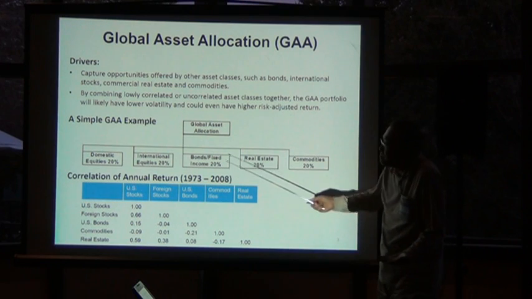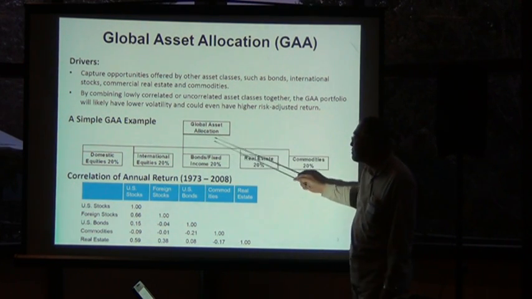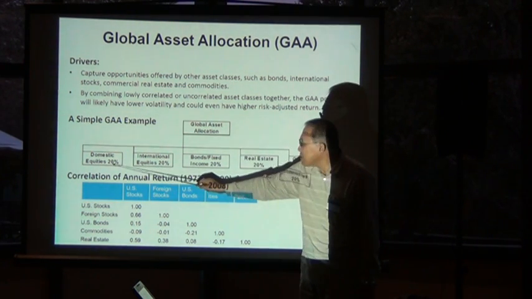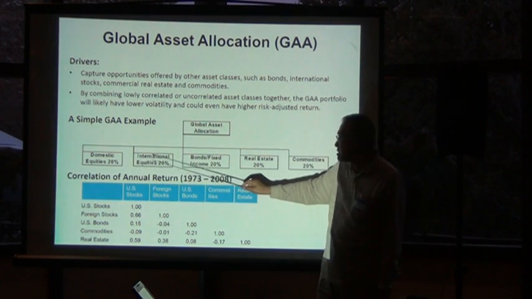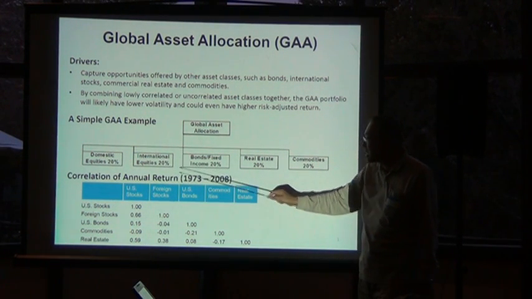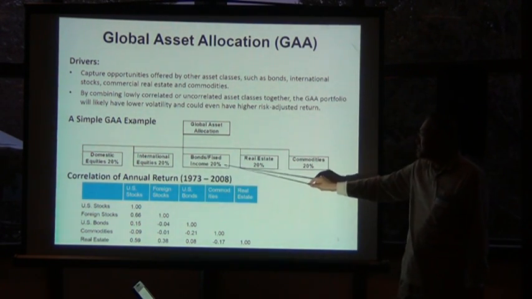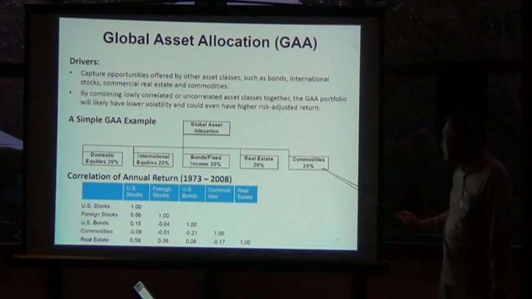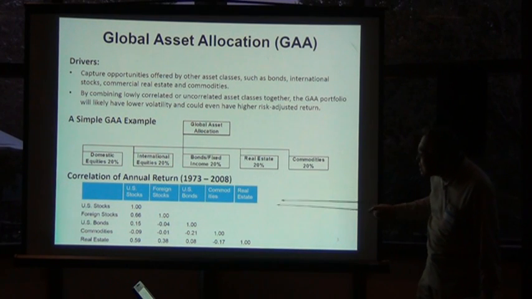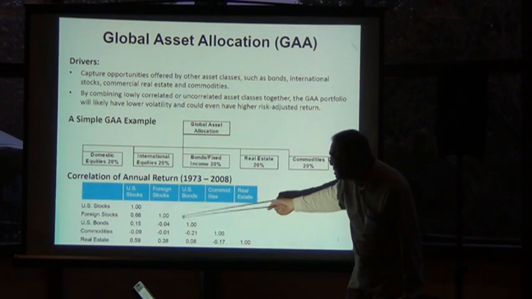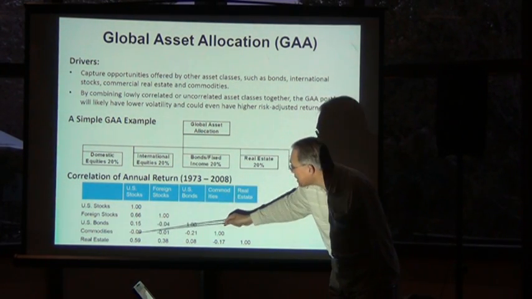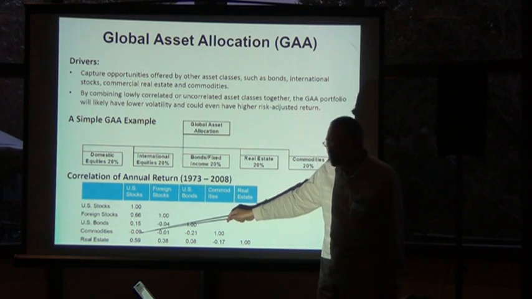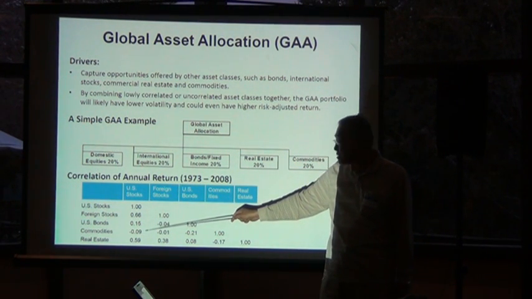So a very simple example would be, say, I'm going to allocate 20% to domestic stock, 20% to international stock, 20% to bond and fixed income, 20% to commercial real estate, and 20% to commodity. If you look at the correlation, for example, between the commodity and US stock, the correlation is minus 0.09.